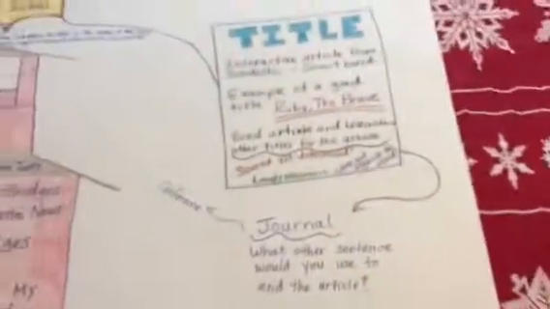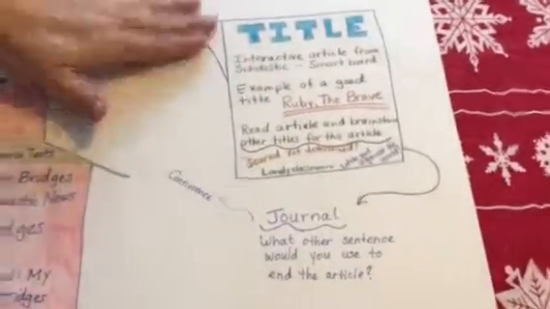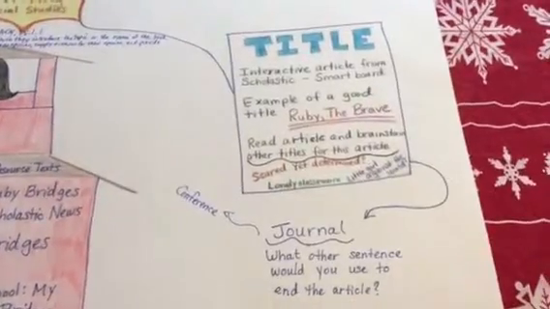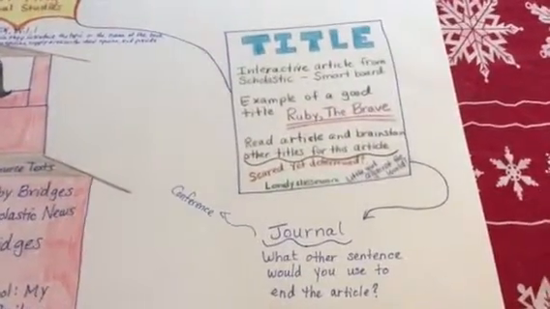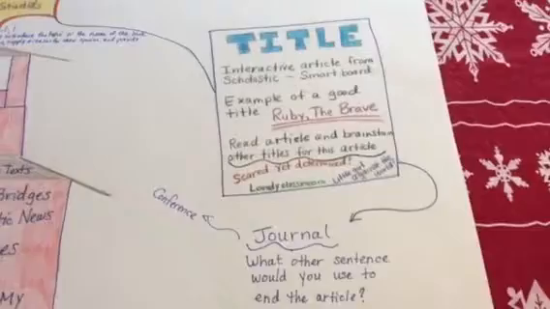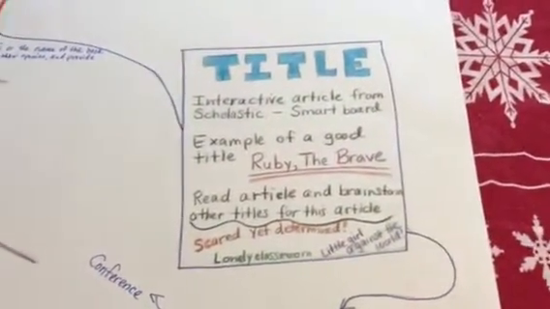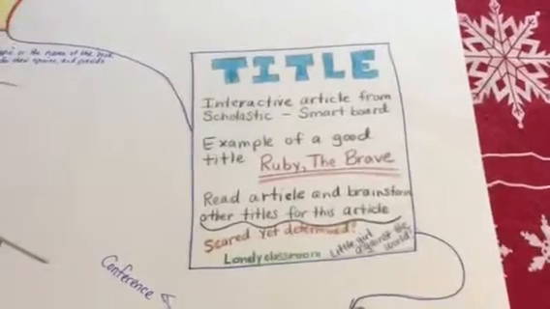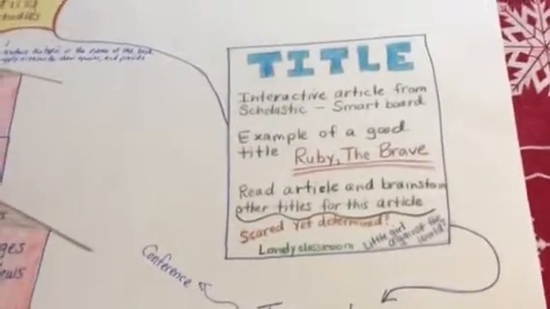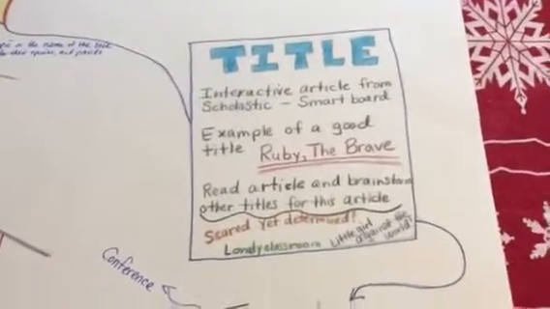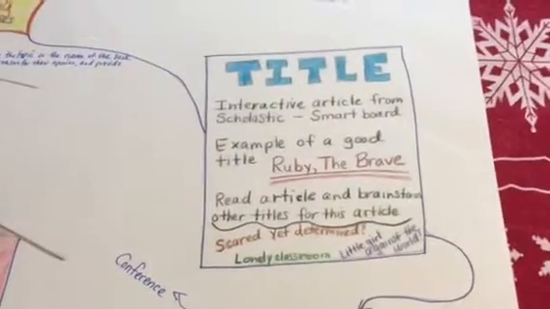So then I'm going to go on to my second lesson, which is about the title, and I'm actually going to do the ending sentence of the passage, because that's in the core curriculum standards. So I'm going to put on an interactive article from Scholastic on my smartboard. And whenever I put an article on the smartboard from Scholastic, the kids take over.